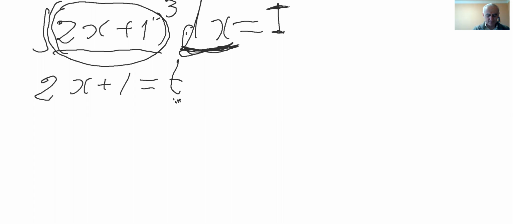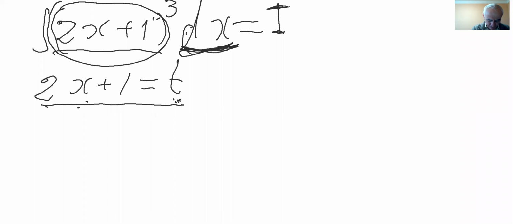Find x from this equation and then input it. So you think to solve for x, and then find dx. Yeah, I think it's a good idea.